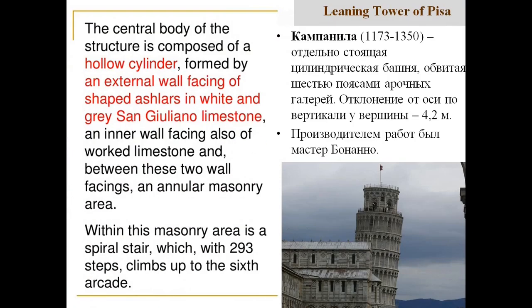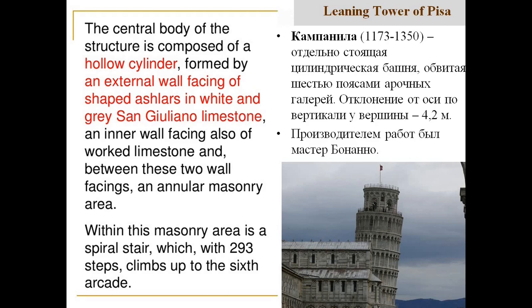Now let's consider the Tower of Pisa. These towers that have a cylindrical type of structure, they have a circular type of plan. They are called campanile in the Italian tradition. The campanile was created between 1173 and ended in 1350.